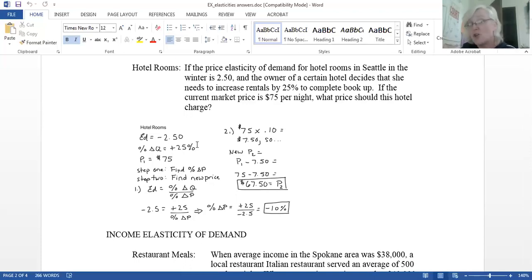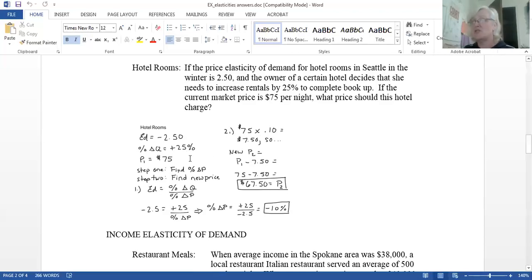I can solve for the third. So in this case, I know the elasticity of demand and I know the percentage change in quantity. I can find percentage change in price. Once I can find that percentage change in price, I can take my initial price and then I can either move it up or down by the percentage that I calculated. So that's step 2. I'm going to have to use the percentage change in price that I calculated to then figure out what's the new price going to be.